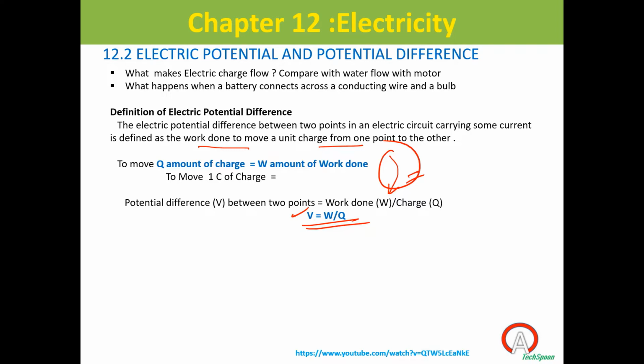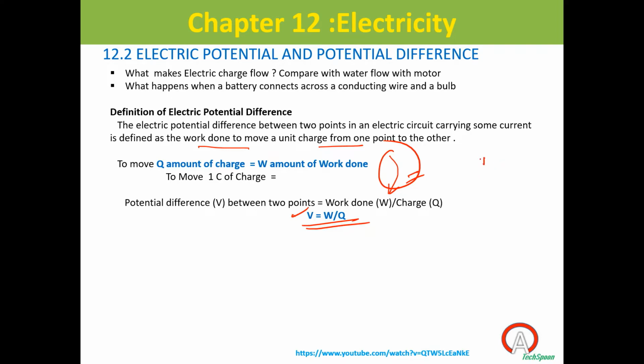Now come back and rewind to electric current. We studied the definition of electric current. We derived I is equal to Q by T, and we found the unit. What is the unit of electric current? Ampere.